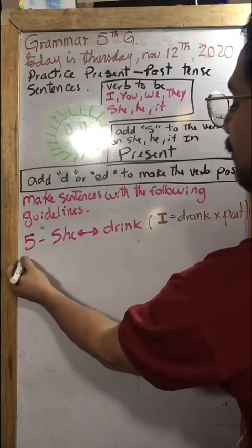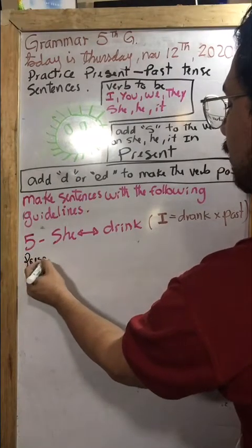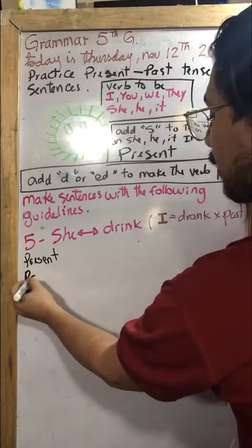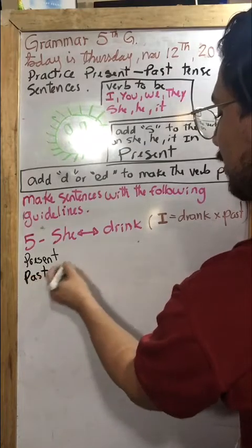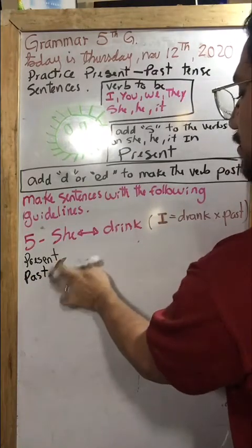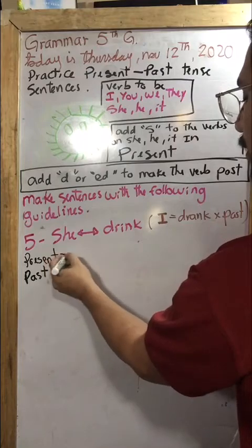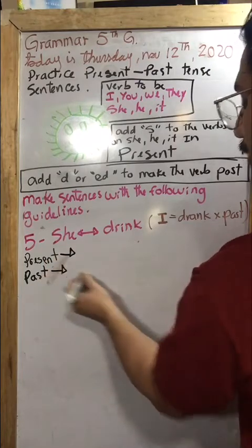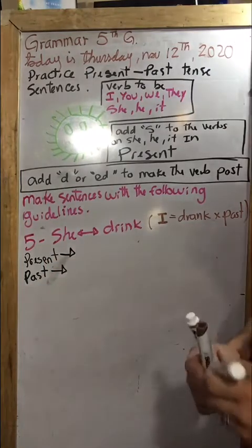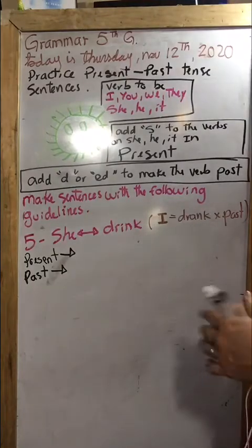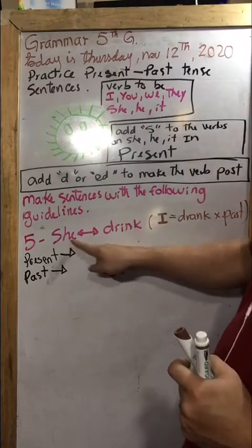So I have both, present and past. Okay? So you have to write both sentences. So what can you write? She drink.